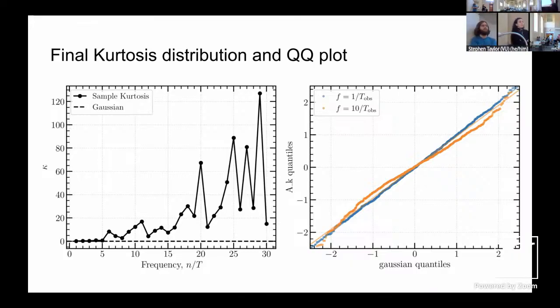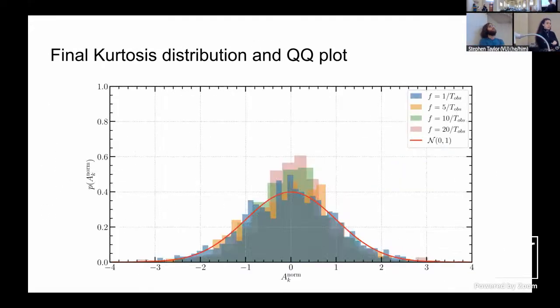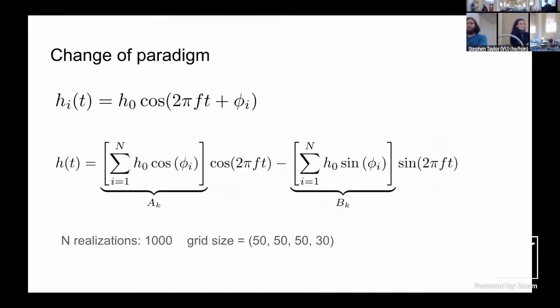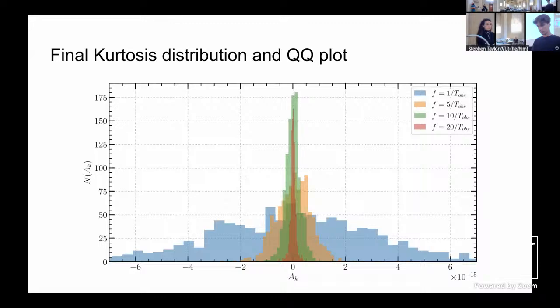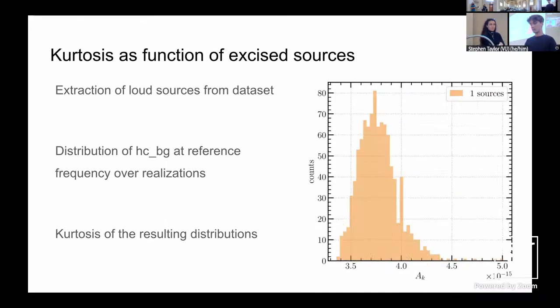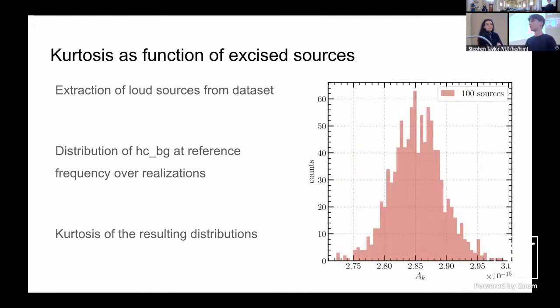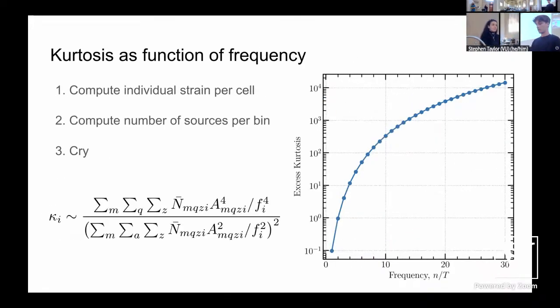Calculating the excess kurtosis from the parameters output by the holodeck semi-analytical model is what is producing this crazy amount of excess kurtosis. We've been using 100 realizations; here we have 1,000 realizations. Well, that's not enough.